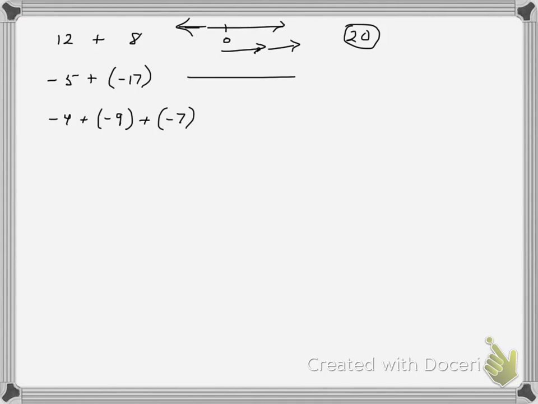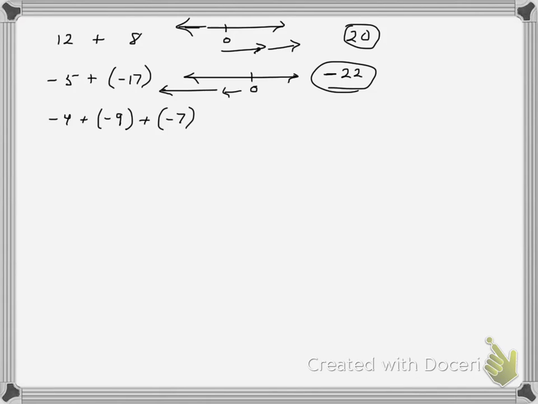On the next one, what I'm going to think about, if I start at 0, I'm going to move to the left 5 and move to the left 17. So altogether, I've moved to the left 17 plus 5, or 22 places, but I've moved to the left of 0. So my answer would be -22.